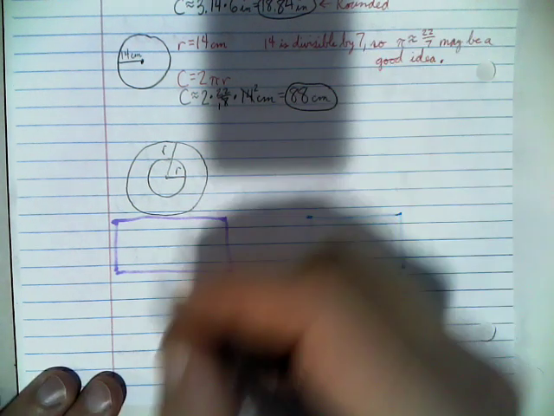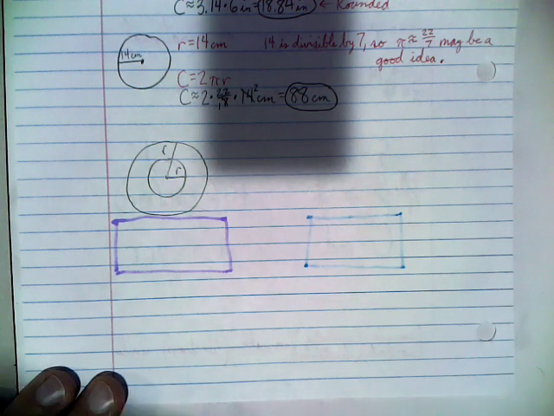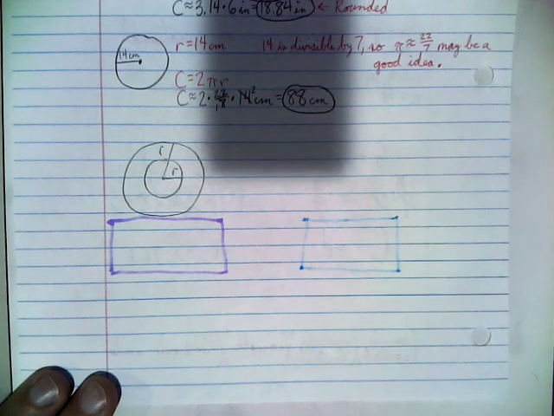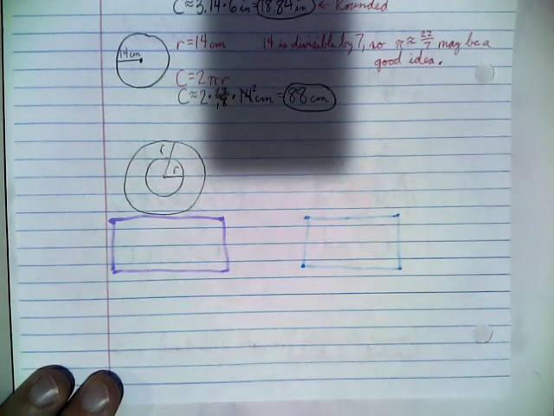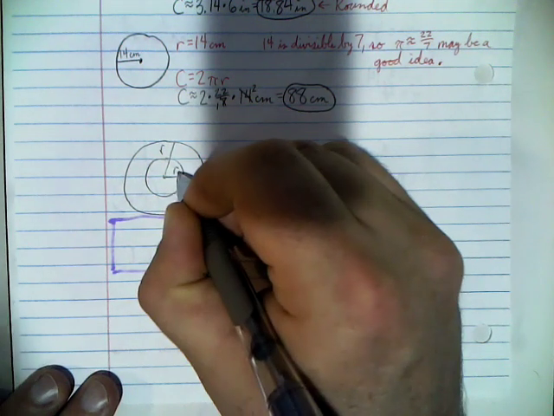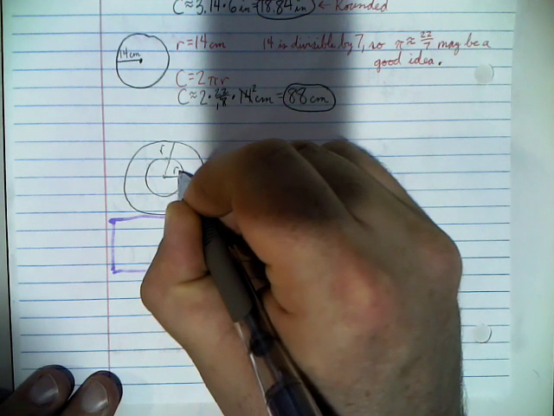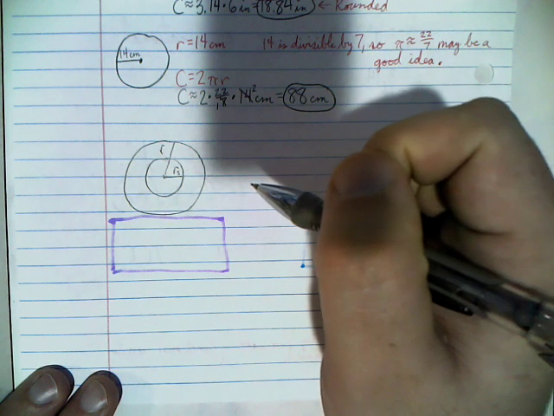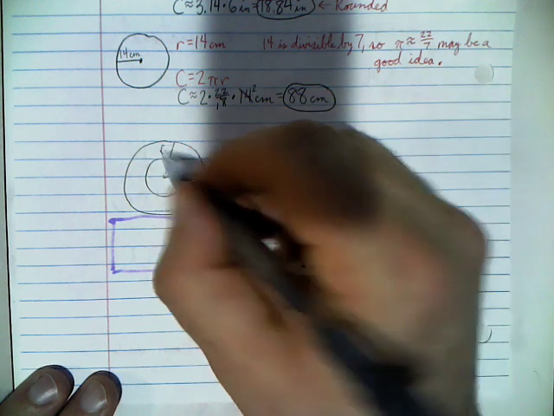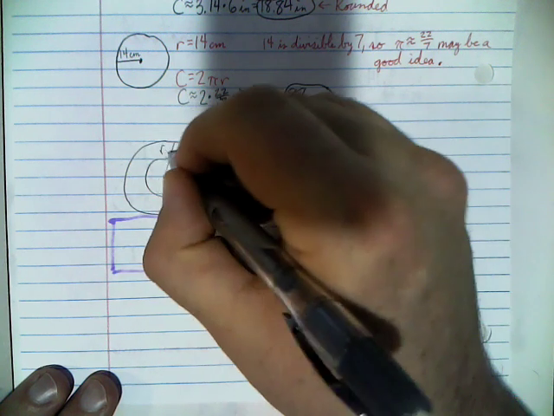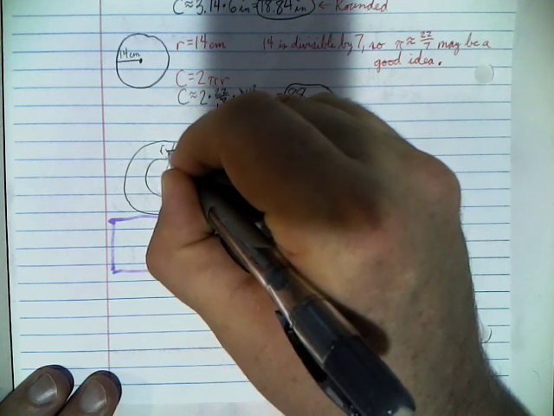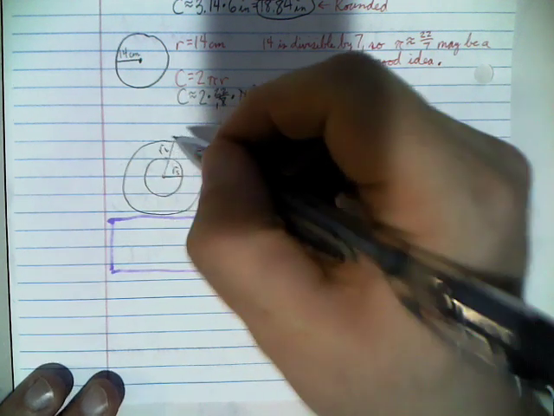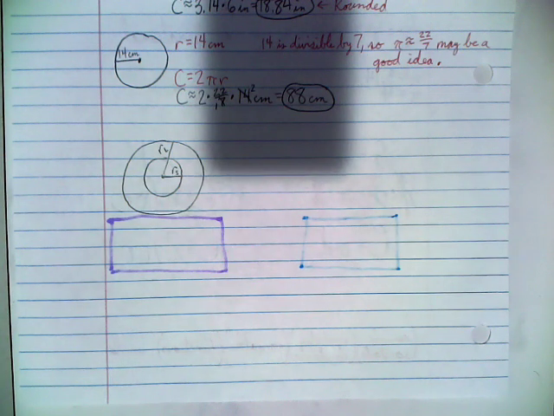And so one of the things that we can do is use subscripts to label which radius we're talking about. Here I have a large circle and a smaller circle. On the smaller radius, I'm going to put an S. So that's going to be R sub S. And on the larger circle, I'm going to put a subscript of capital L, for the large radius.